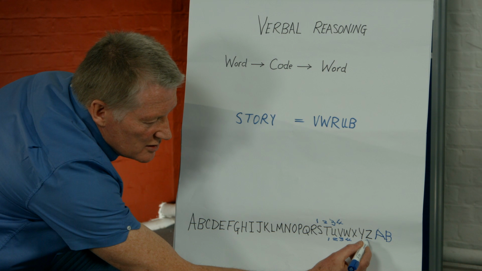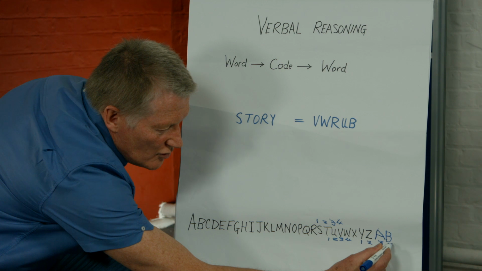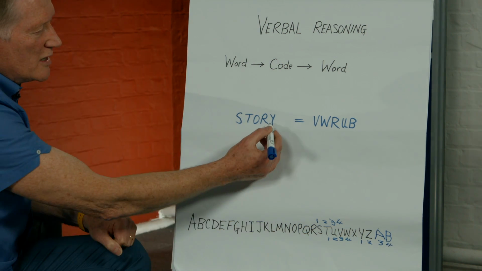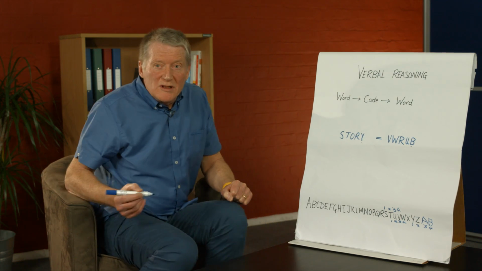Y is number 1, Z 2, A 3 and B 4. So Y is going to be following the same pattern.